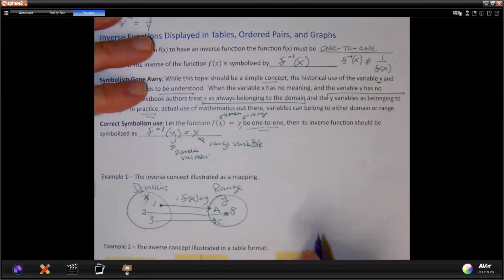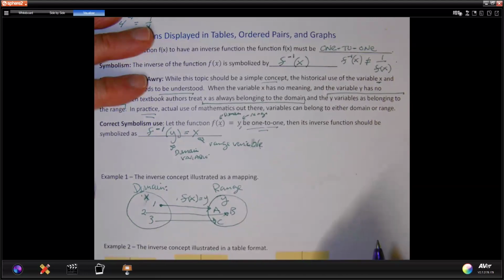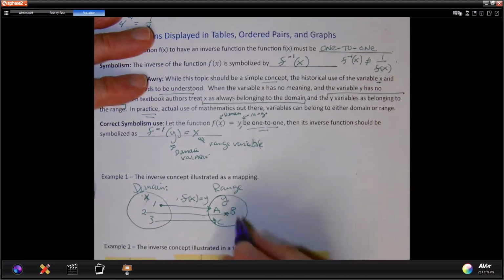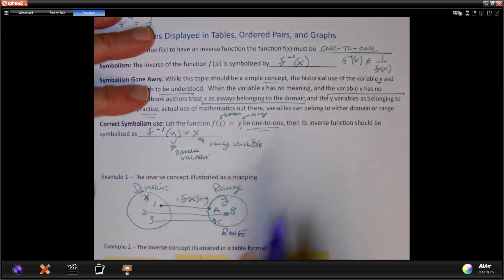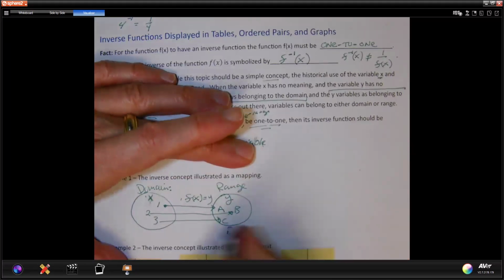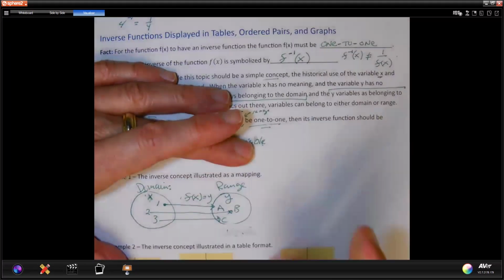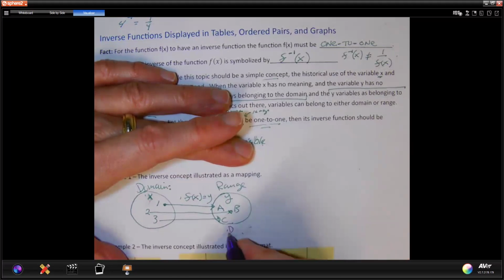Now, the idea here is that the inverse function will reverse this concept. You can see this is 1, 2, 1. What's happening now, if we're now going to talk about the inverse function, all right, this now becomes the domain.